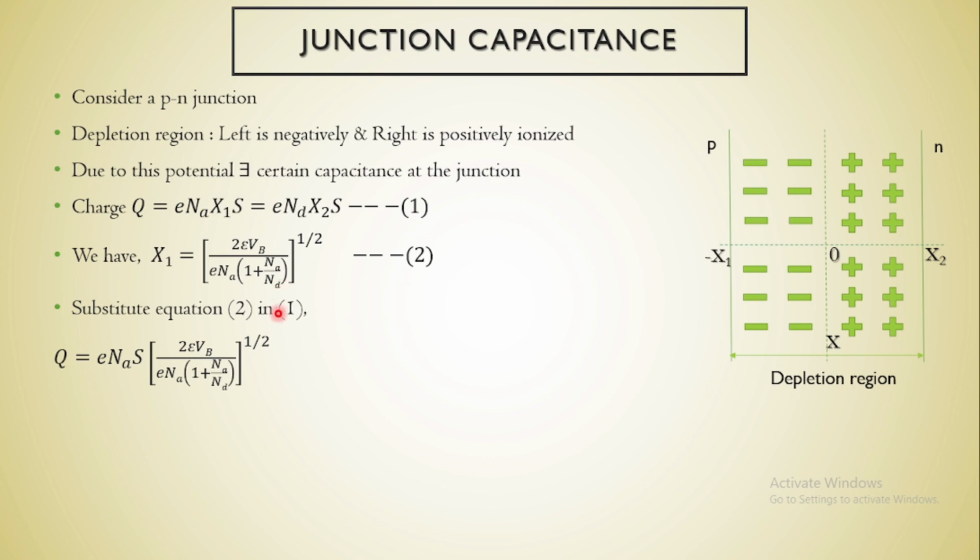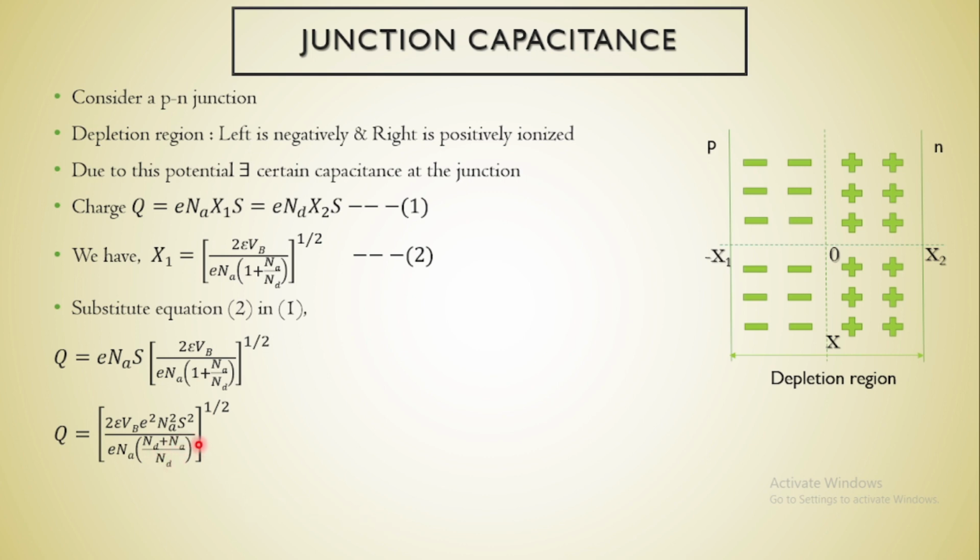And in order to simplify this, let us take e Na into S inside the square root. So e will become e square, Na will become Na square, S will become S square. And now we can observe that here one e and Na will get cancelled with the denominator. And if we simplify this bracket, Nd by Nd will become 1 plus Na by Nd.